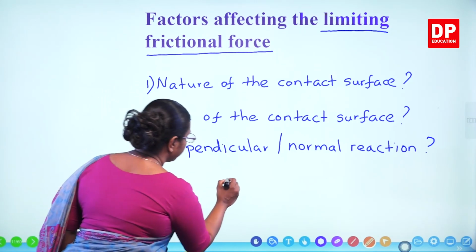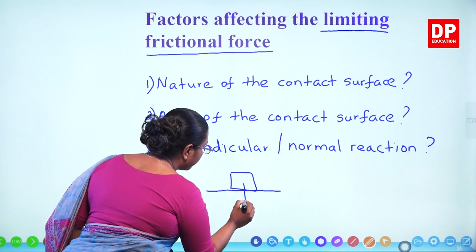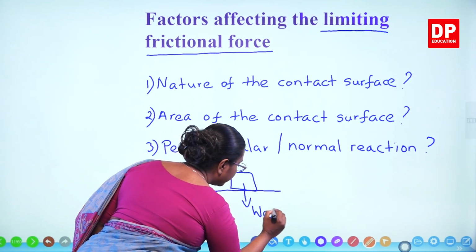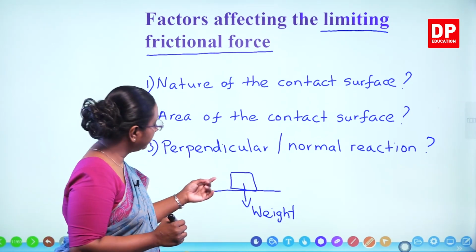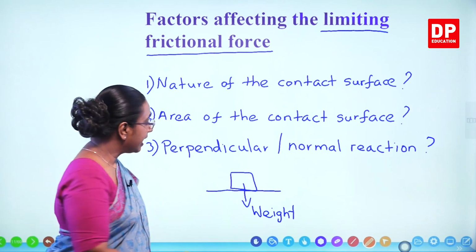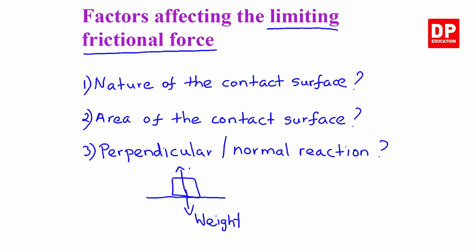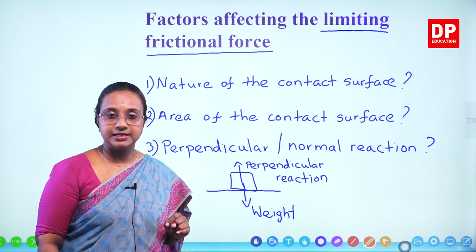Now when there is an object placed on a surface, the weight of the object acts downwards and there is a reaction given by the surface against the weight of the object. That reaction is known as the perpendicular reaction or the normal reaction. So when the weight of the object increases, the perpendicular reaction will also increase.